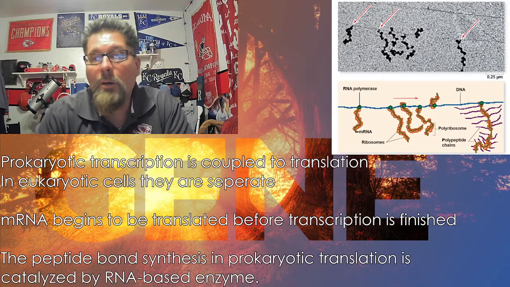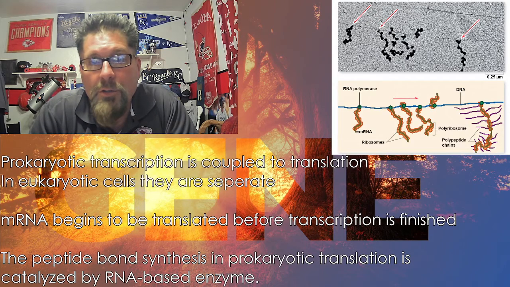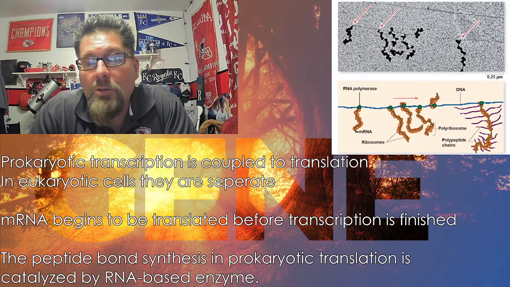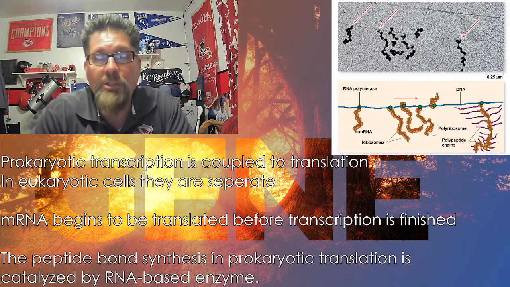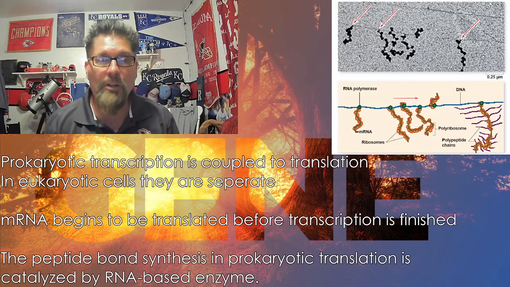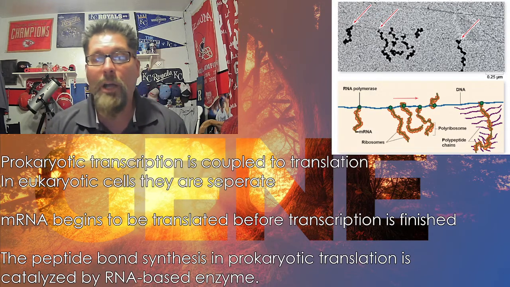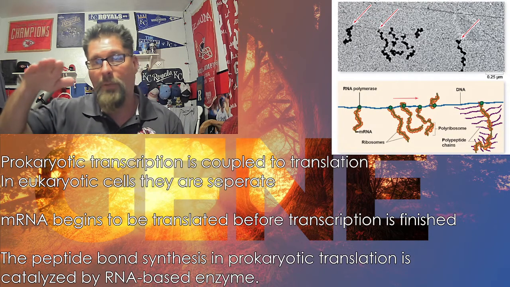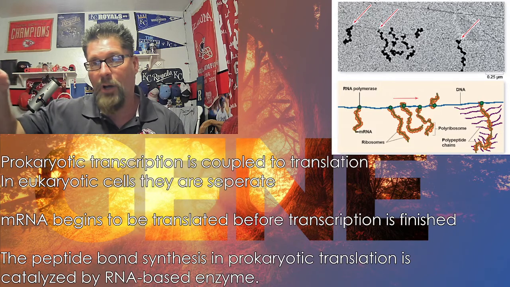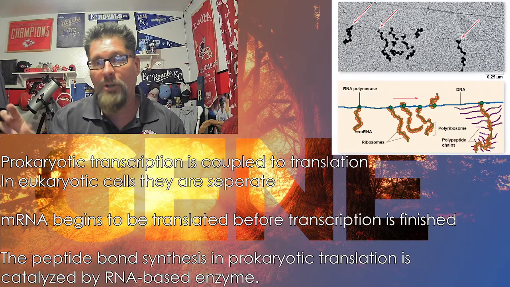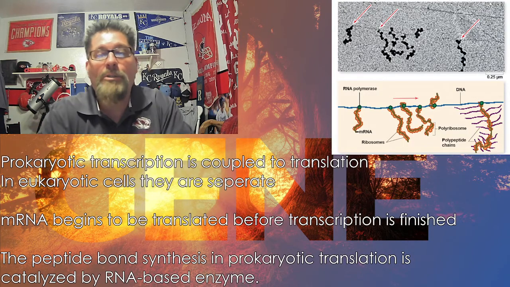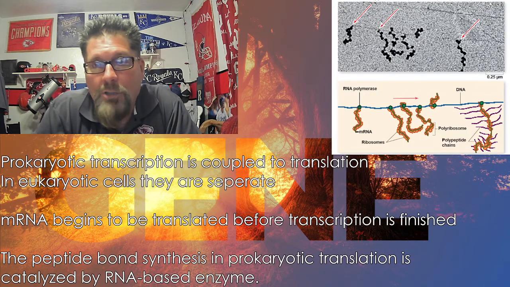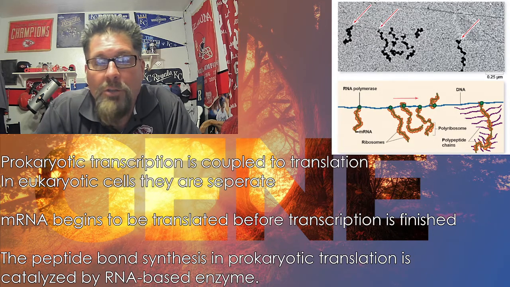Another major difference between the two is that transcription and translation, they can't start at the same time, obviously, but they're going at the same time. So as the polymerases are going down the DNA, making the RNA strand, ribosomes come in and attach to that RNA strand, and then begin to build their amino acid chain.